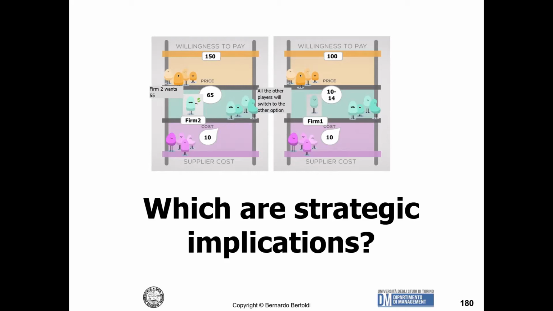Having seen some implications about how value is created and captured along a chain, who is providing something that a customer is willing to pay for, now we have to consider the strategic implications.